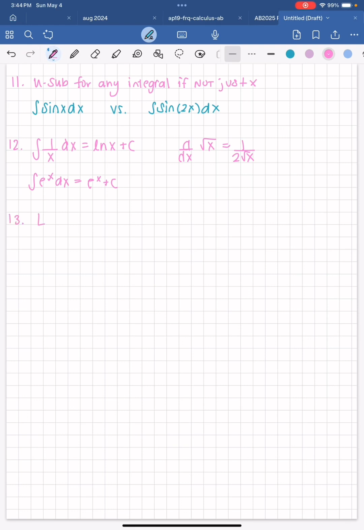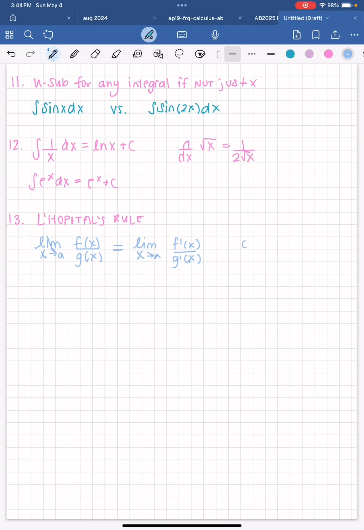Number 13, if you have to use L'Hopital's rule, which you're going to have to somewhere on the test, remember his rule. It says you plug in the number, you get 0 over 0 or infinity over infinity. You take the derivative of the top and the bottom and try again. So these are equivalent to one another: f prime of x over g prime of x.